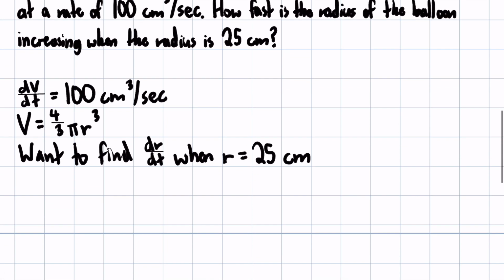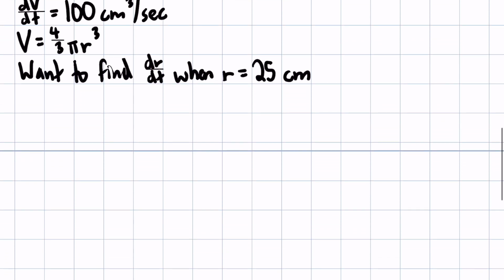So basically, our first step here is to move from this formula into an actual formula for dV/dt in terms of the radius. So what we're going to do is take this formula and apply d/dt to both sides.